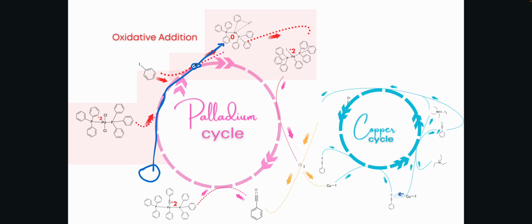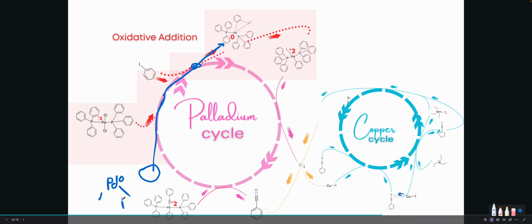So in essence, this is our true catalyst. In other words, here it is going to be palladium 0 with 2 phosphine groups attached. So this is our true catalyst.